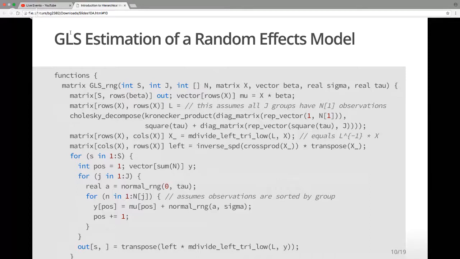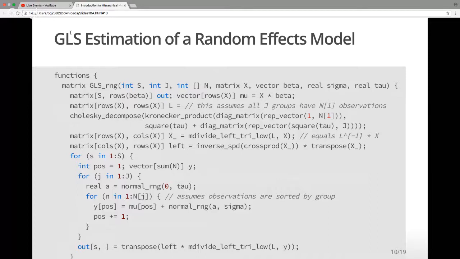And then we're going to use that value of A in a loop from 1 up to the number of observations in group little j. So this, by the way, assumes that the observations are sorted by group. So all the observations in the first group come first, then all the observations in the second group, etc., all the way down to all the observations in the Jth group.